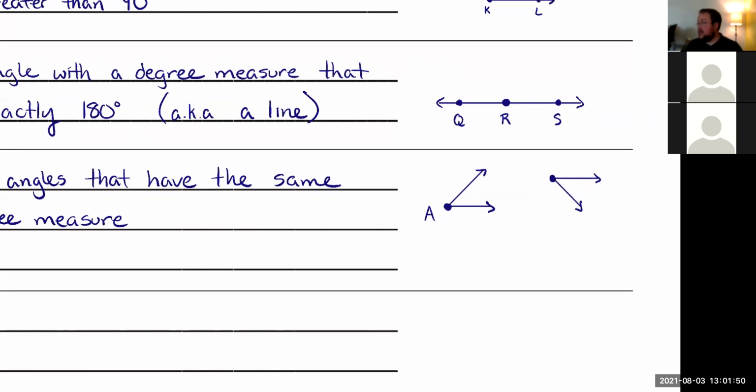So just so they don't look like the exact same angle visually, we'll name this one angle B. Thing of it is, though, both of these angles have a degree measure of 45 degrees, even though their orientation has them facing different directions. Their degree measure is still exactly the same.